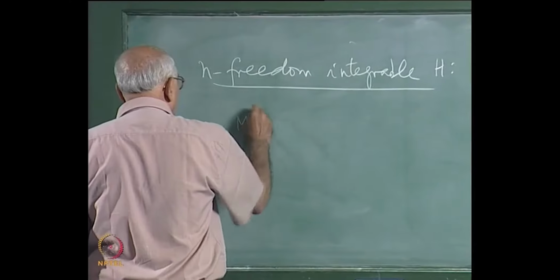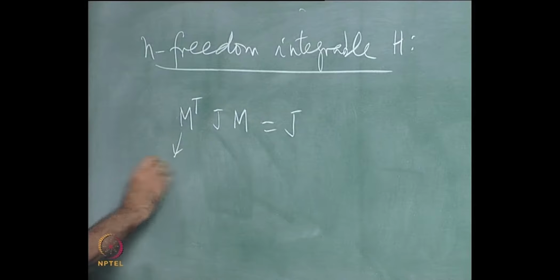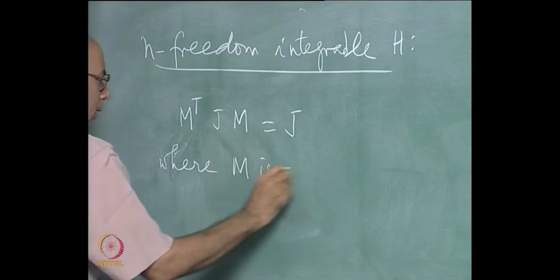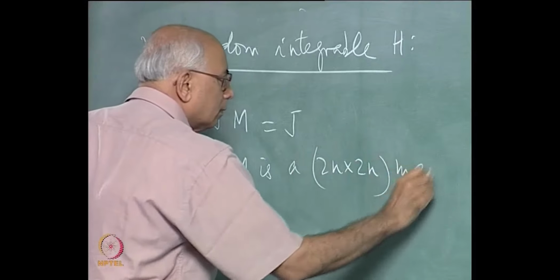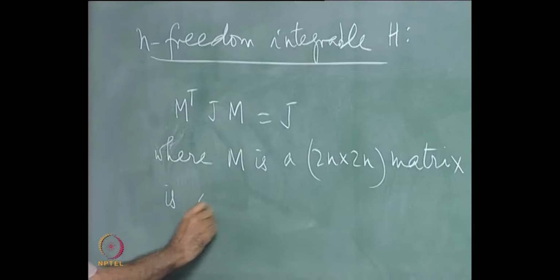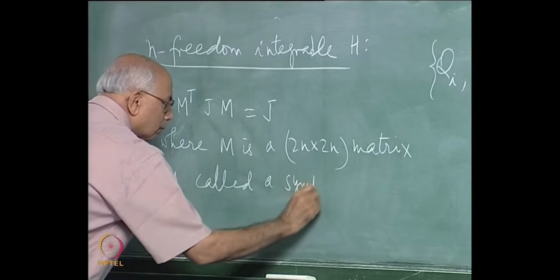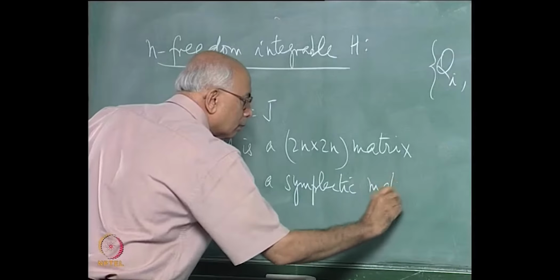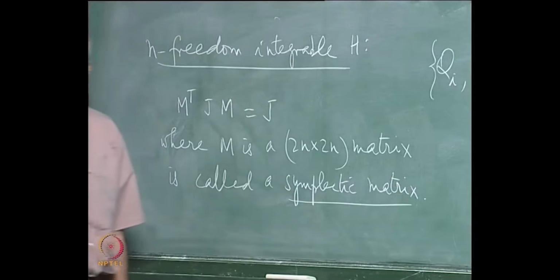A matrix M such that M transpose J M equals J, where M is a 2n by 2n matrix, is called a symplectic matrix.